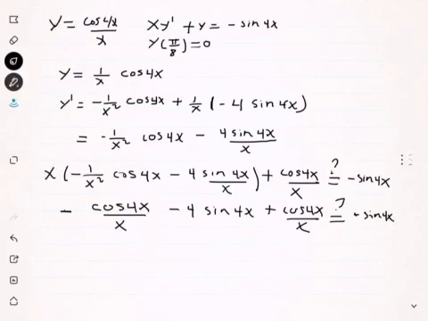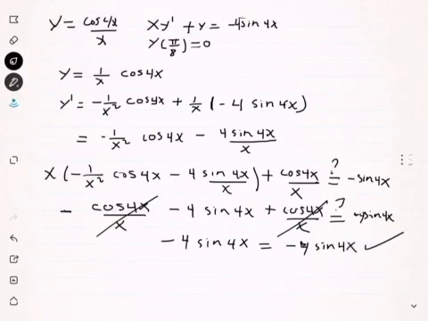This cancels with that, so we get minus 4 sine of 4x equals minus... I think it was supposed to be a minus 4 here, otherwise it doesn't work, so minus 4 sine of 4x, and therefore the solution satisfies the differential equation.